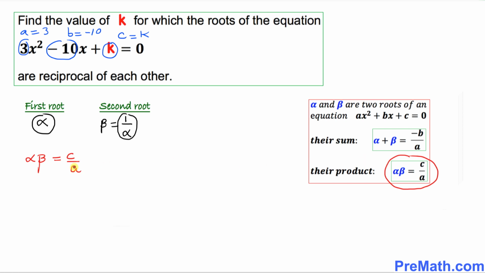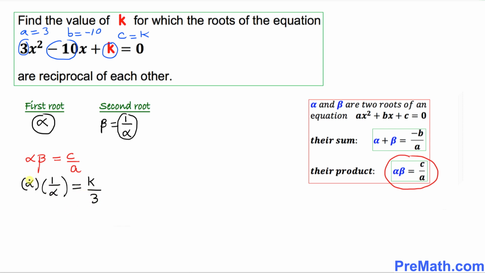On the right hand side, alpha is alpha, by the way, and beta is 1 over alpha, equal to, here we know our c value is k, divided by a, which is 3.